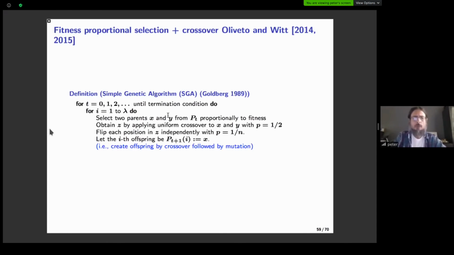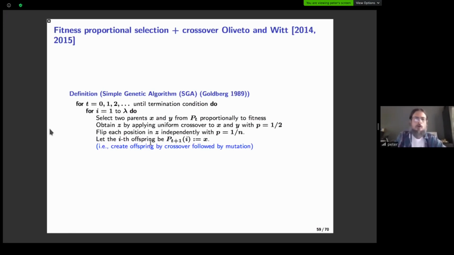Then after it has selected these two individuals, it will create an offspring just by applying uniform crossover. So for each bit, it will choose the bit from parent X with probability 1/2 and from parent Y with probability 1/2. Then standard bit mutation with probability 1/n is applied to this offspring generated by crossover.